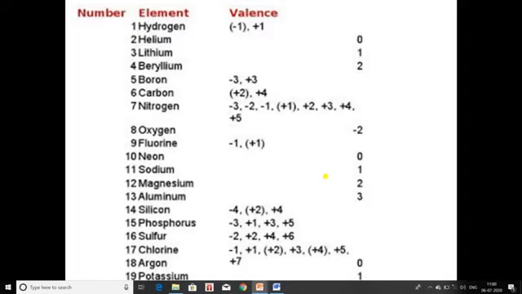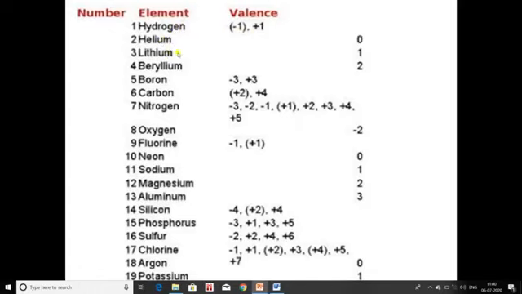Now these are the oxidation states which are shown by elements from 1 to 19. So here you can see that hydrogen can show +1 as well as -1 oxidation state. But +1 oxidation state is more stable and -1 oxidation state of hydrogen is less stable. Next one is helium. Helium shows 0 oxidation state.